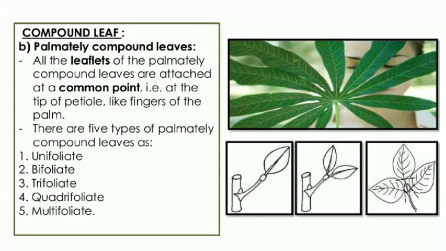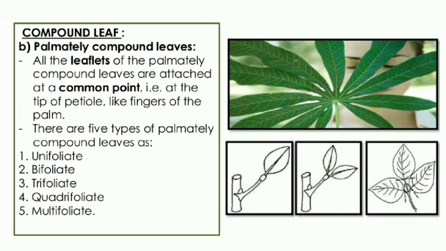Here we have 5 types of palmately compound leaves: unifoliate, bifoliate, trifoliate, quadrifoliate and multifoliate. Unifoliate, you can see in the diagram, only one leaflet is attached at the tip of the petiole. Bifoliate, two leaflets.